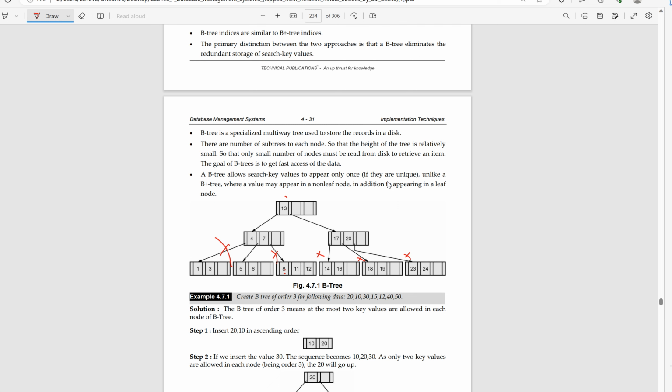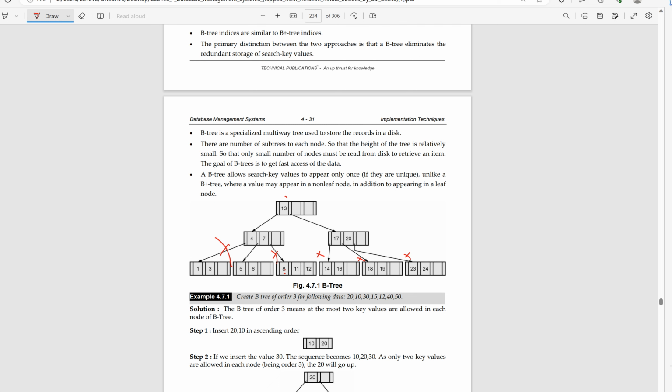So the values will be available only once throughout the entire tree. But in the B plus tree, you will have 2 copies, in the sense that all the values in the root node and internal nodes will again be there in the leaf node.